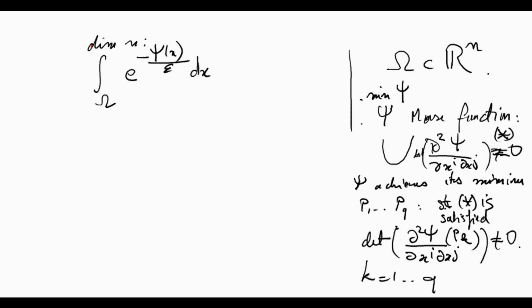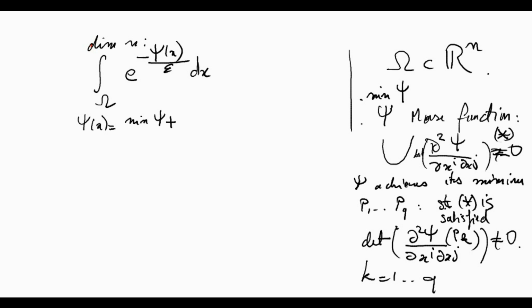And so of course we can use a Taylor expansion and write psi of x near those points. It's the minimum of psi plus the first differential, which is 0, and now we have to use the second derivative.